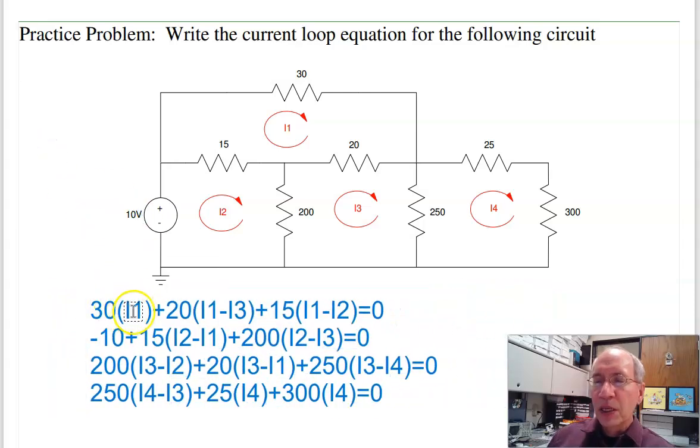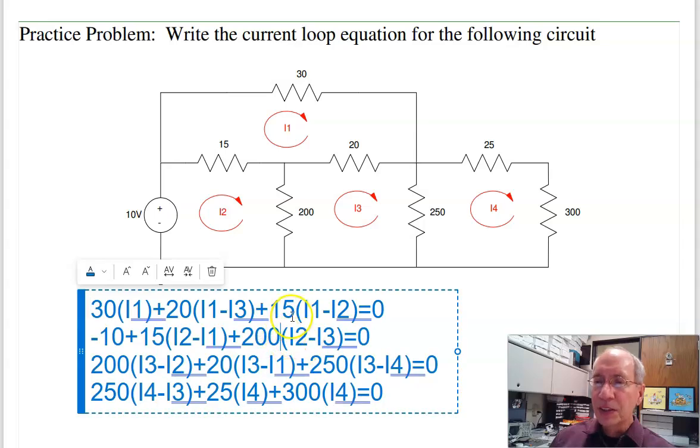Now as a check, around loop I1, all the I1s are positive, everyone else is negative. Around loop I2, all the I2s are positive, everyone else is negative. I3, 3s are positive, everyone else is negative. I4. Also check the units. I times R, volts plus volts plus volts equals 0. If you had an equation like this, with volts plus amps, right away you know there's something wrong.